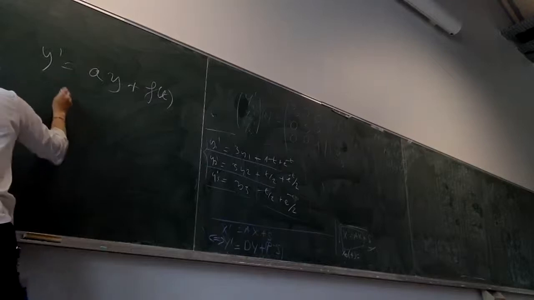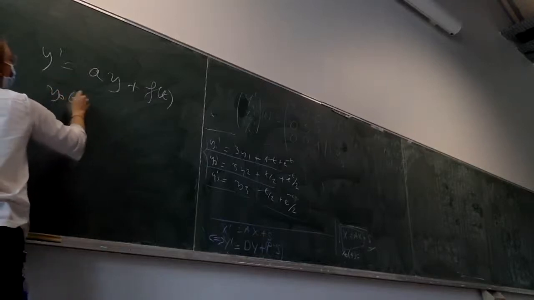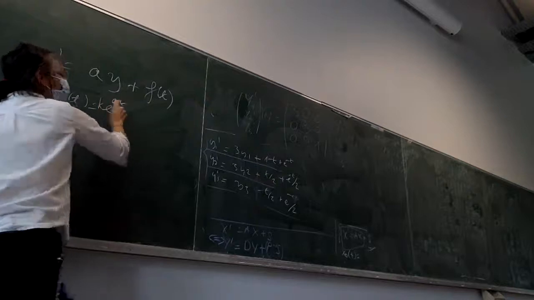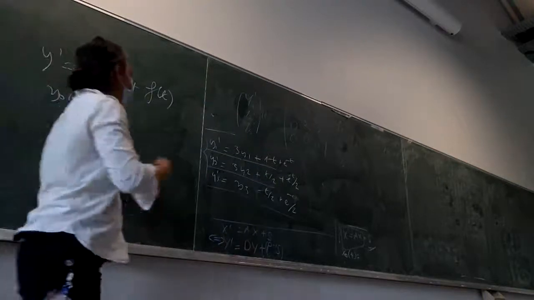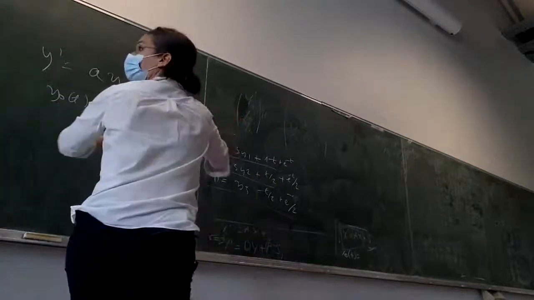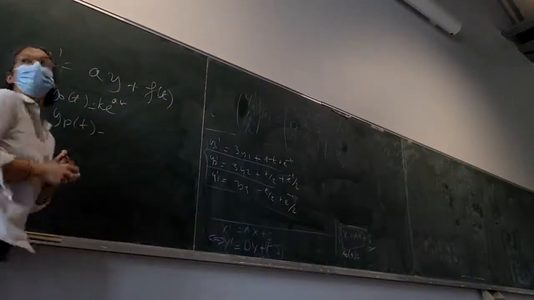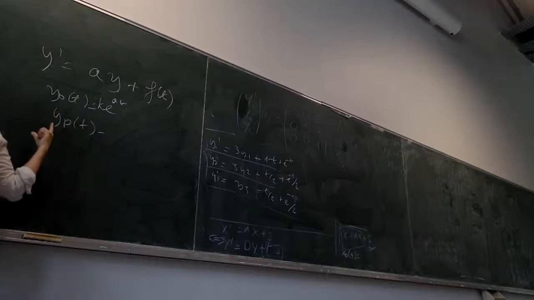You solve for the homogeneous part, and you get y0 of t, if that's a constant. So we already know we have our exponentials of 3t and exponential of t, and we need to solve the particular part. We have two ways to solve them.